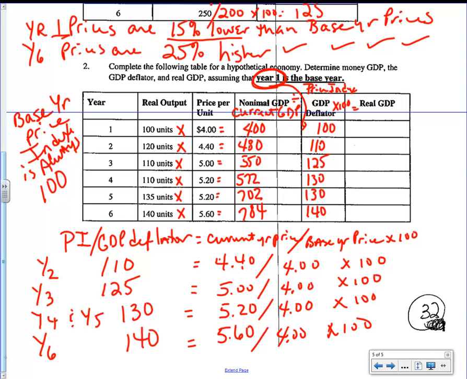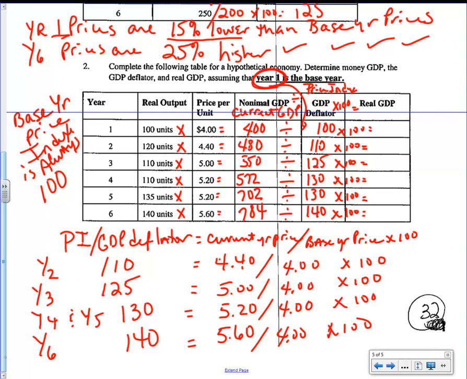Okay, let's do exactly what the formula tells us. We're going to divide the nominal by the GDP deflator. We're going to multiply through by 100. And we're going to come up with our real GDP. Absent of inflation is the real GDP.